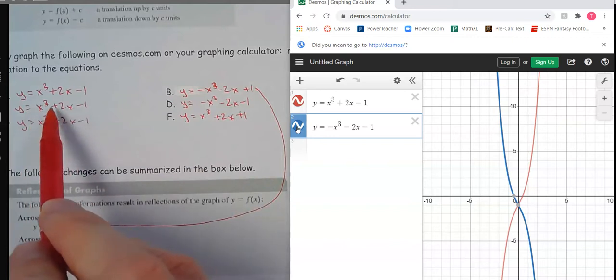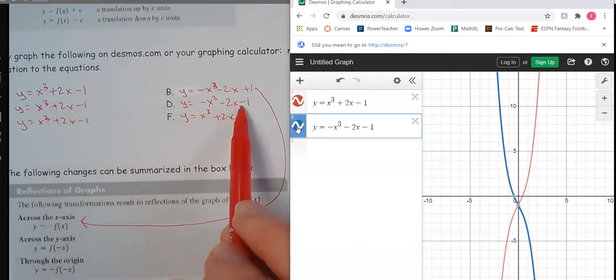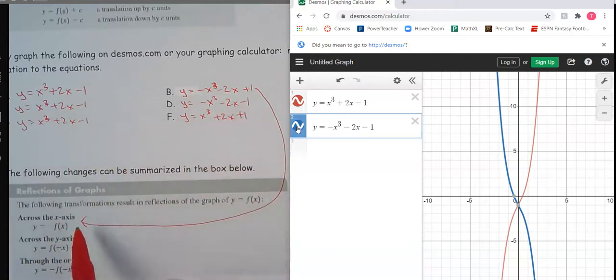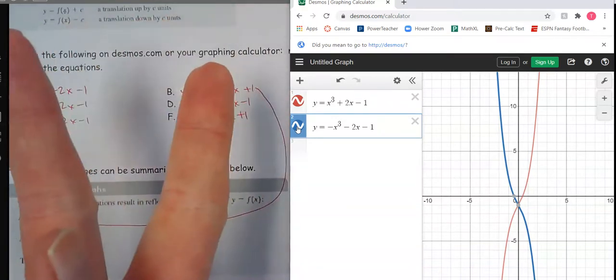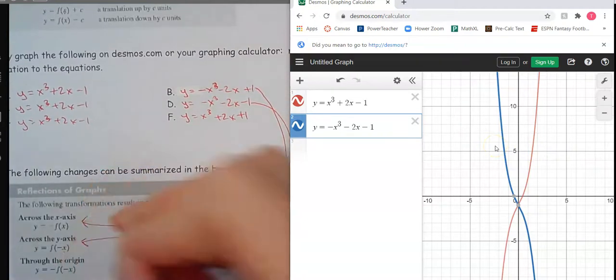If I put a negative for that x, that term's going to change. This one doesn't have an x, so it doesn't change. And that's why this last one is not affected, because I put negative x in for all the x's. That reflects this way. You can see in the graph there, it reflected across the y-axis. Okay, so this would be the second situation.